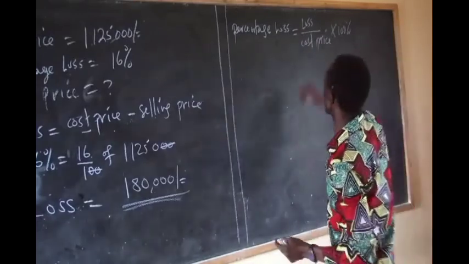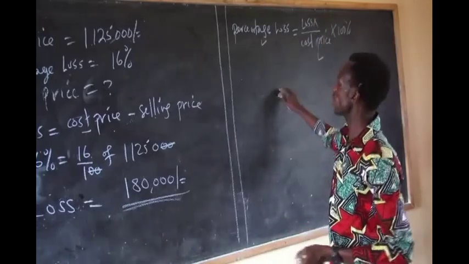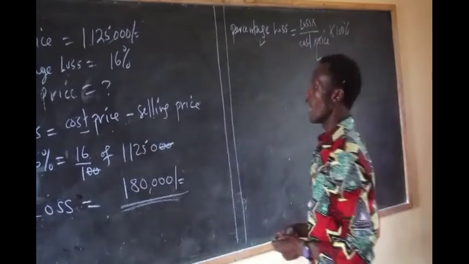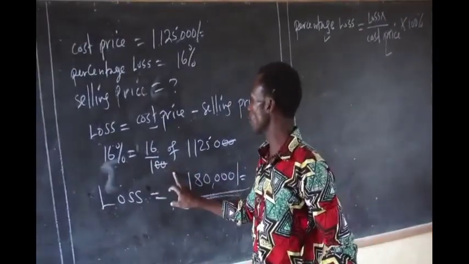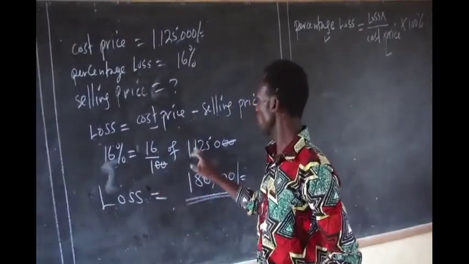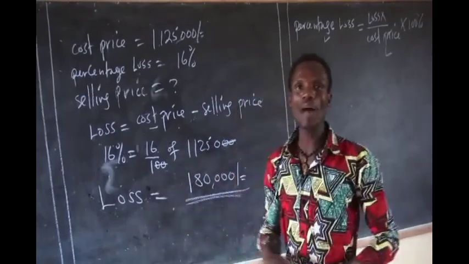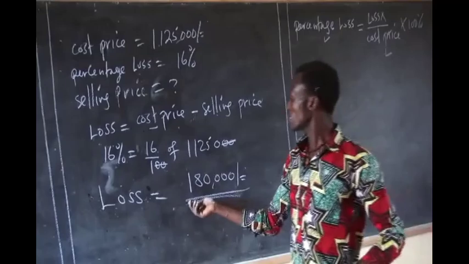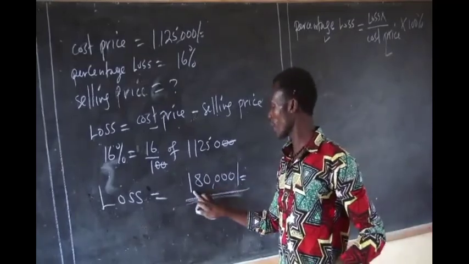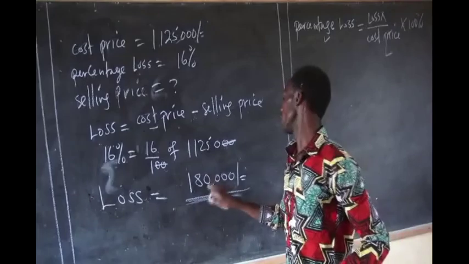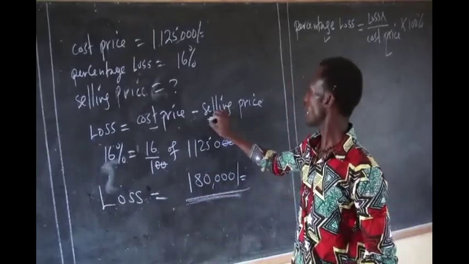Now, remember, the loss is not there, the cost price is there, and the percentage is there. That's why I used this to convert and got 16% equal to 16 over 100 times 1,125,000. After I calculated, this is the loss. The loss now is 180,000.